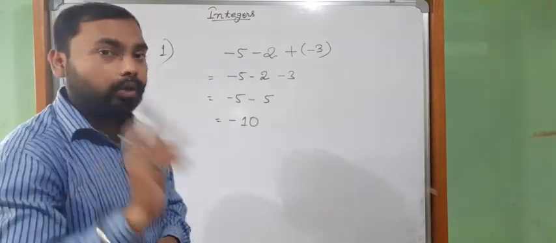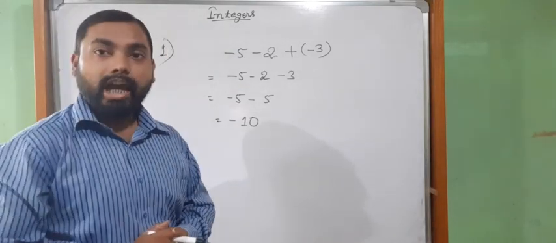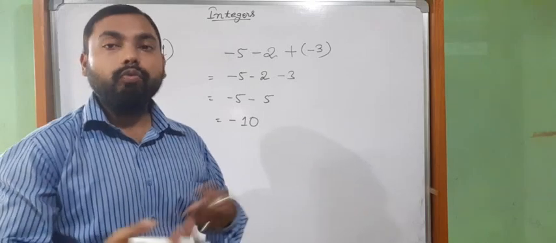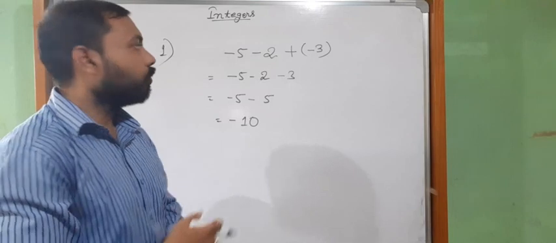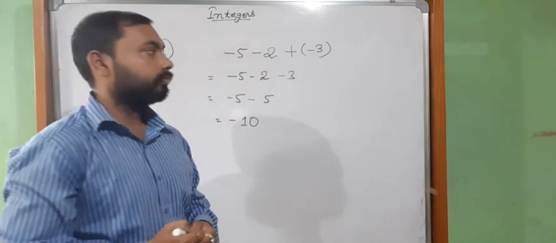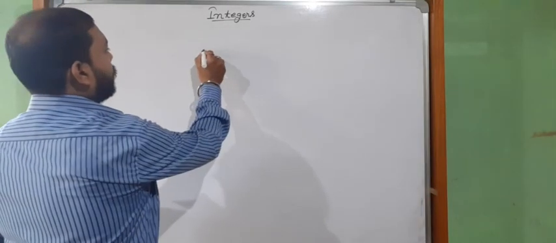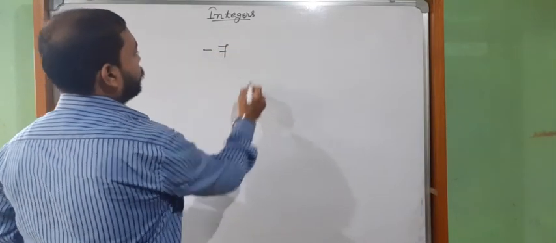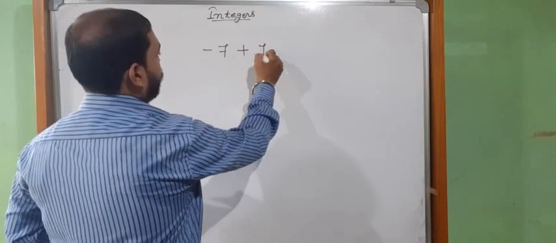Now the question comes here: if the numbers are the same and they have opposite signs, what will be the result? Let me take one more example and show you. Let me take -7 and +7.